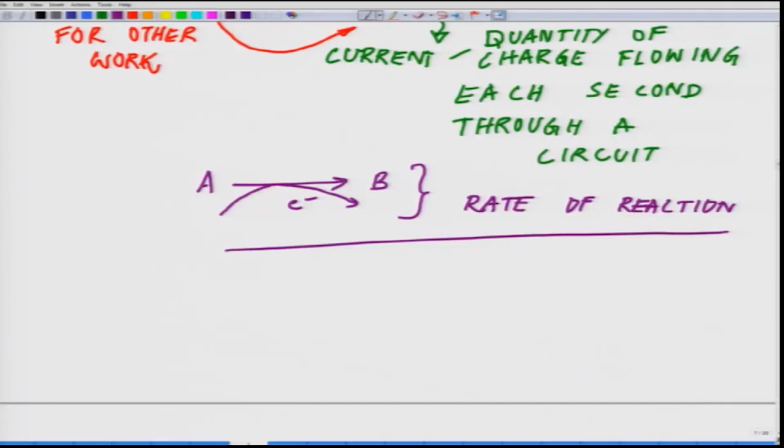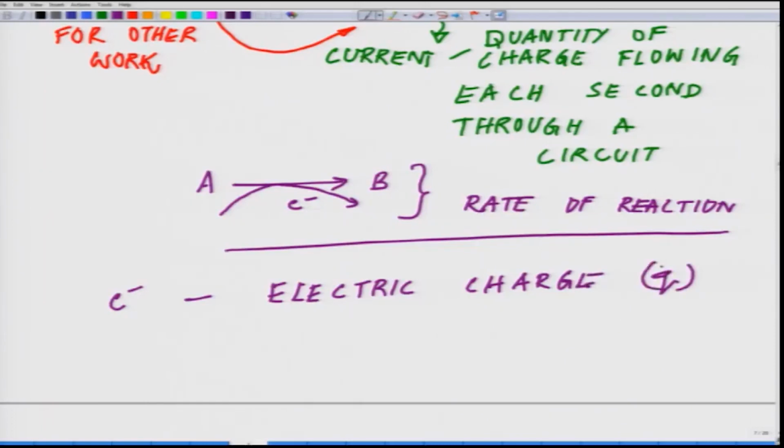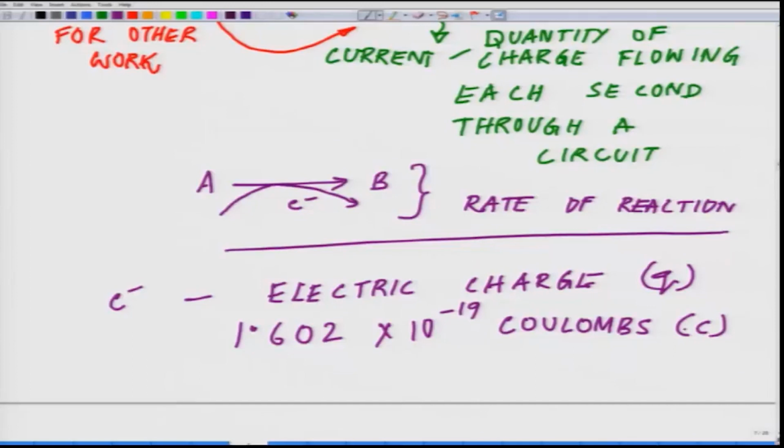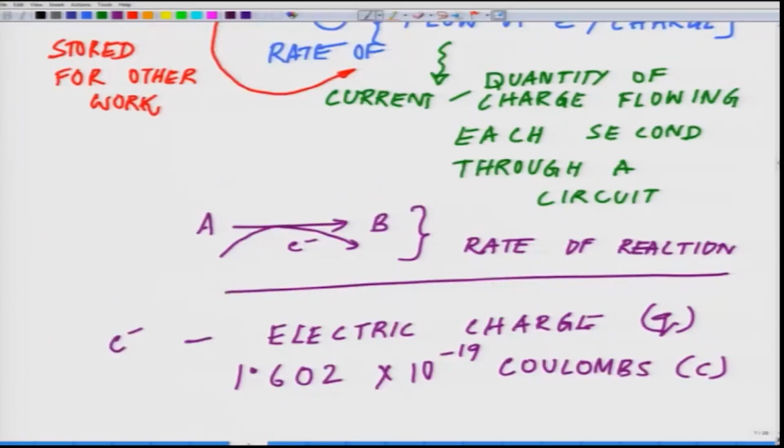Now, when we talk about an electron moving, it should have a certain amount of charge. Electric charge, represented by Q. The electric charge of an electron is 1.602 into 10 to the power minus 19 coulombs, represented by C. This is the charge on a single electron.